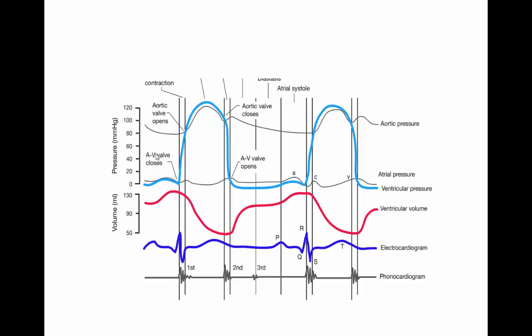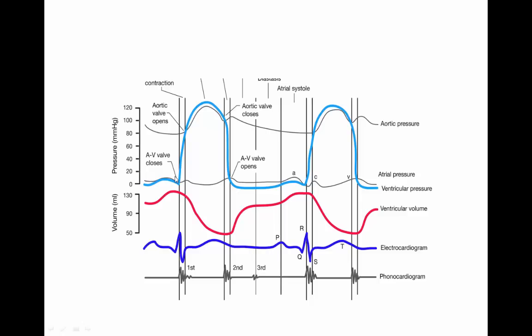As soon as the pressure falls in the right atrium and the left atrium, and the pressure increases at the level of the ventricles, this will shut down the atrioventricular valves, so they will close for the semilunar valves to open. The closure of the atrioventricular valves will start the first heart sound, which is called S1.